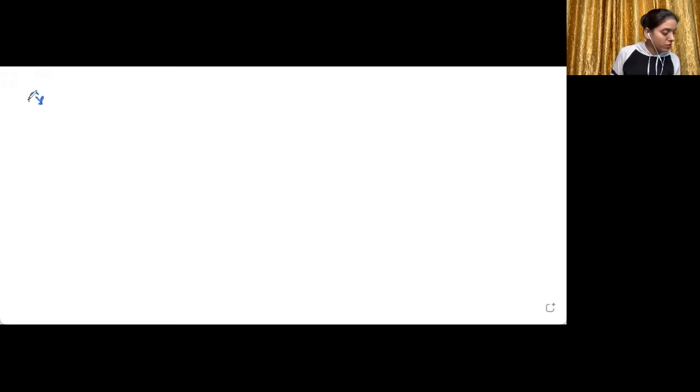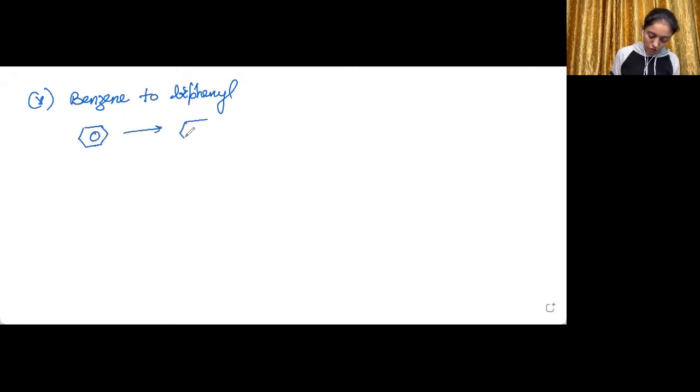The 10th part of this question is we need to convert benzene into biphenyl. Benzene to biphenyl. So we have benzene, and I need to convert it into biphenyl. So this is biphenyl.